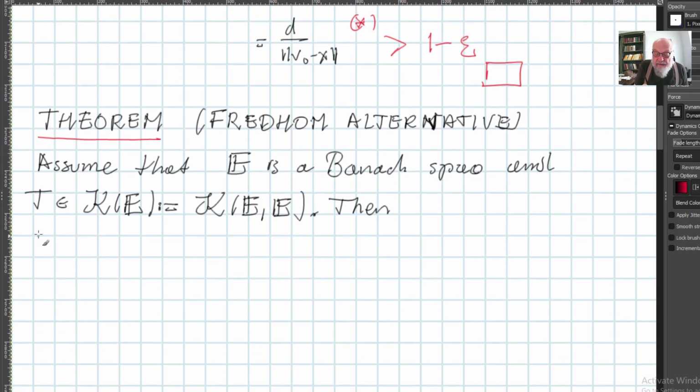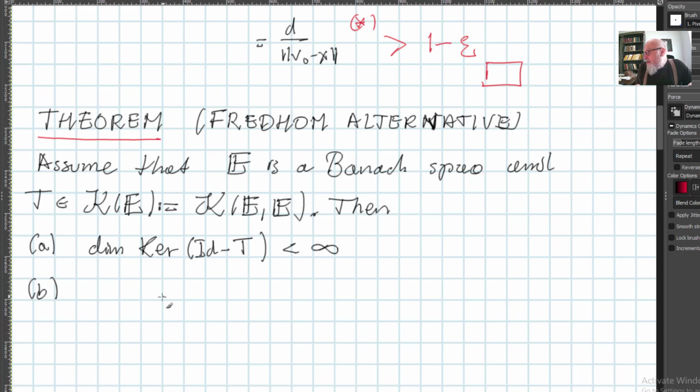Start with A. So A tells me that the dimension of the kernel of identity minus T is smaller than infinity always.